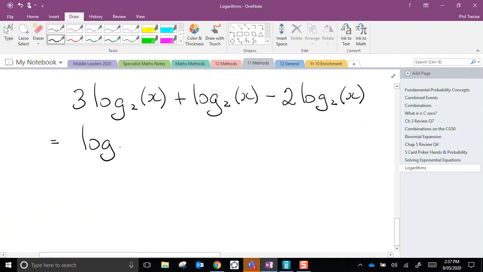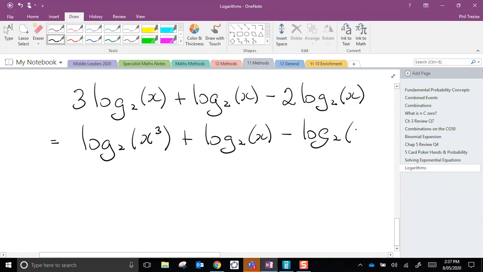This would be the log base 2 of x cubed, where the number 3 at the front has become an index, plus log base 2 of x minus, now I'll do the same with this one, this will be x squared. The 2 from the front here has become an index on the x.